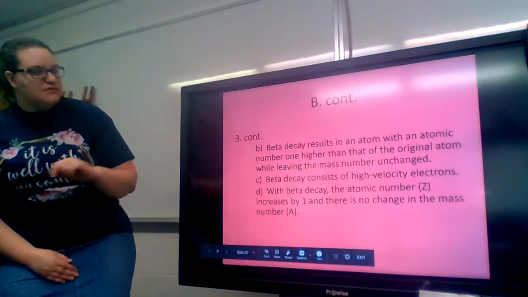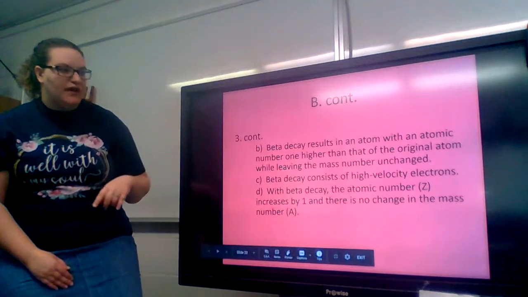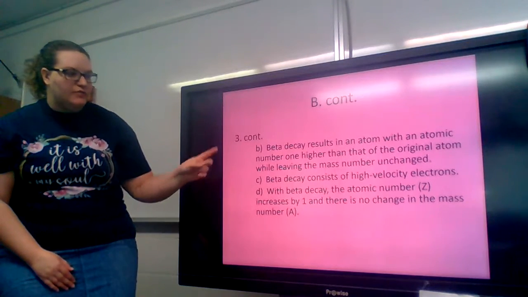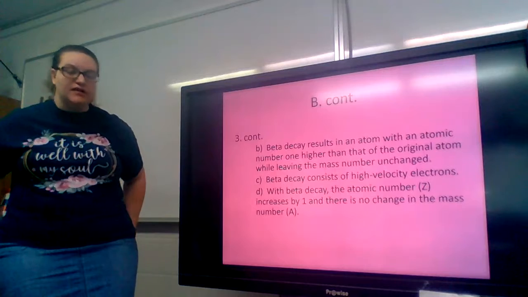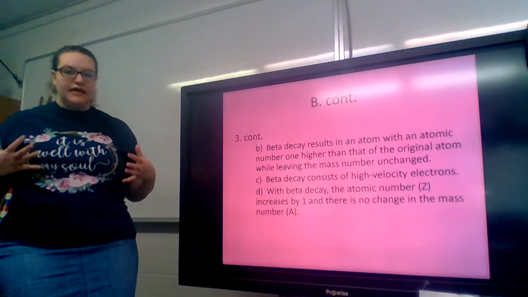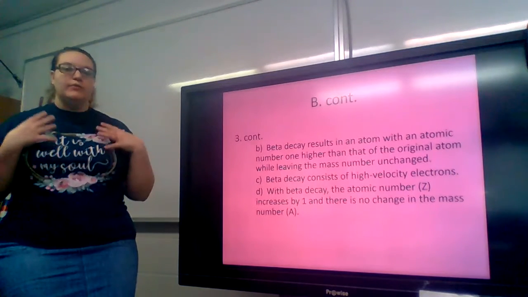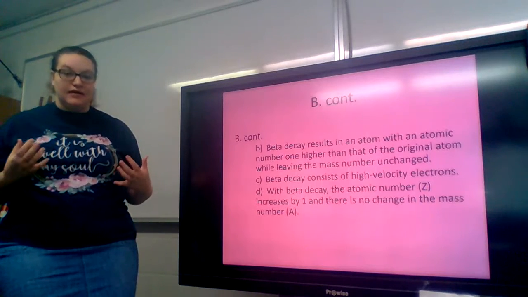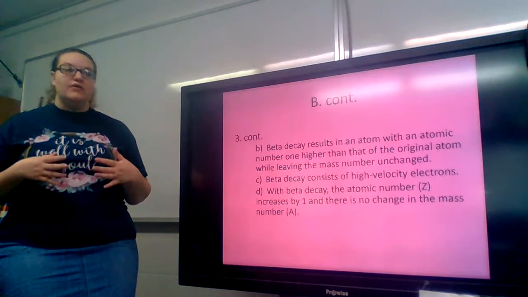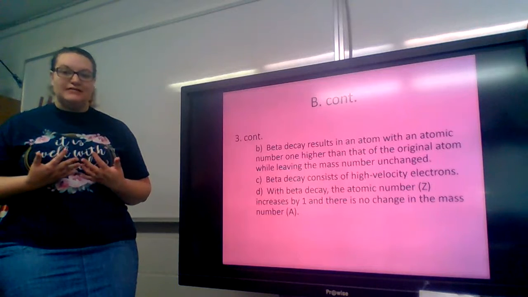Beta decay results in an atom with an atomic number 1 higher than that of the original atom, while leaving the mass number unchanged. With beta decay, we're working with cations or anions. The overall substance itself hasn't changed.